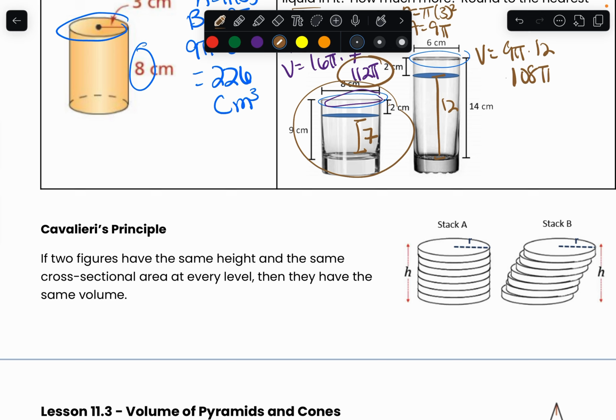So basically what this means is that if you have a cylinder like this, and another shape that looks similar but is like a slanted cylinder, as long as all the lengths from here to here are the same, and the height from here to here is the same as from here to here, then these 2 figures will actually have the same exact volume.